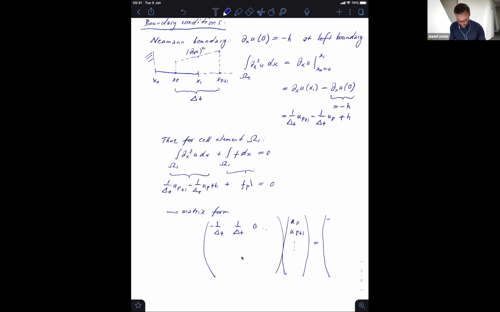Now realize there is the volume missing. So if we bring this on the opposite side, we have Fp V1 minus h for this very first cell.